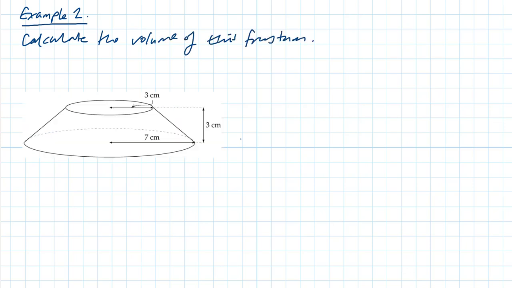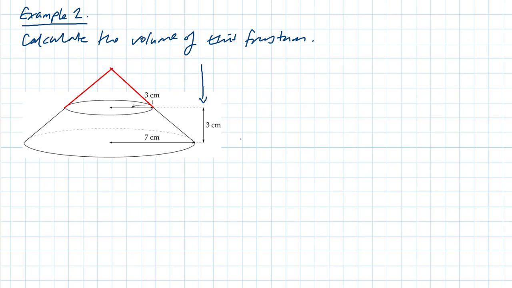Another example, slightly harder. This time we're not going to have a nice scale factor. So what I've done here is I'm just drawing in so I can see that I've got the top cone and the full cone. It just makes it a little bit easier to visualise.